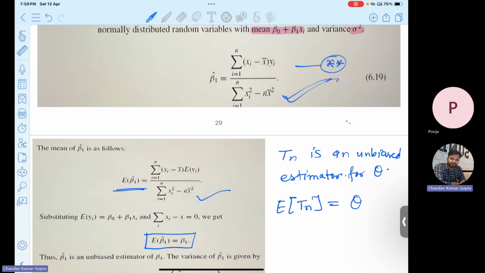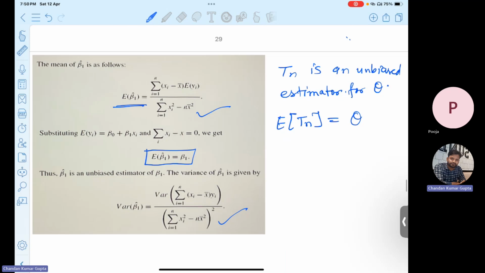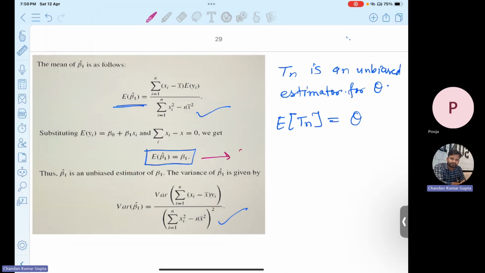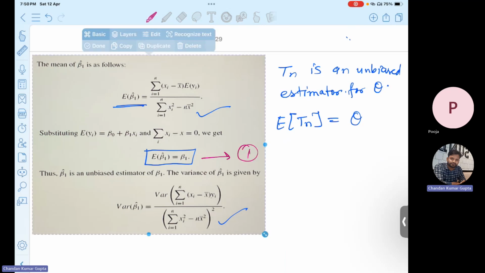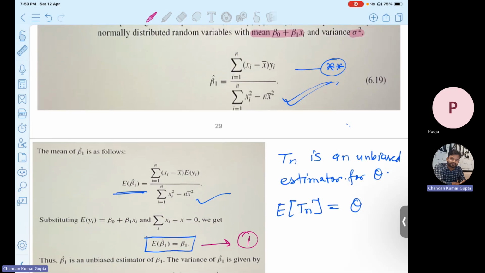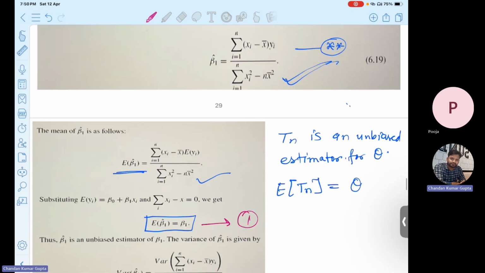After simplification, we find that the expected value of beta 1 cap is nothing but beta 1. So here we can say that beta 1 cap is an unbiased estimator. Here the expression double star, beta 1 cap, is an unbiased estimator of beta 1.